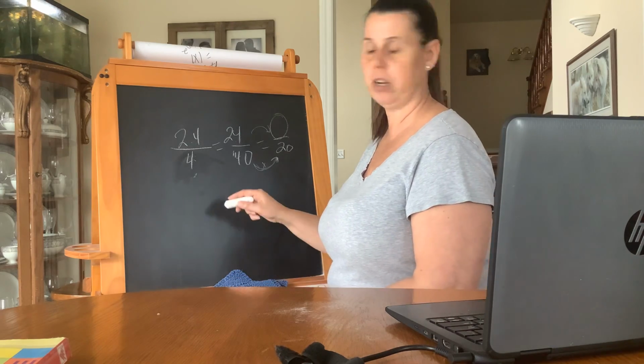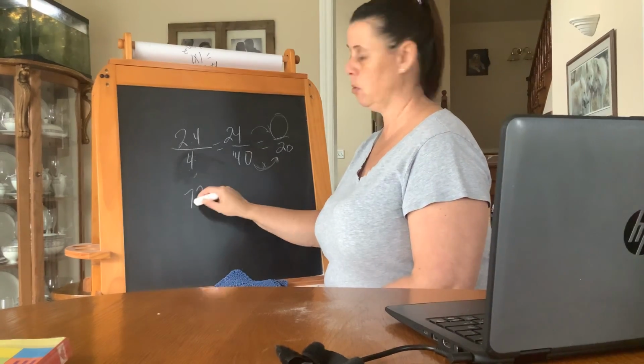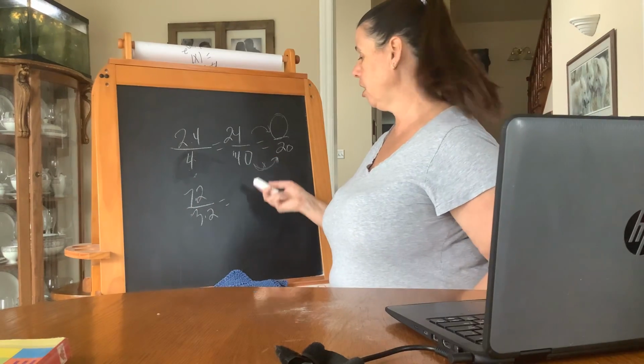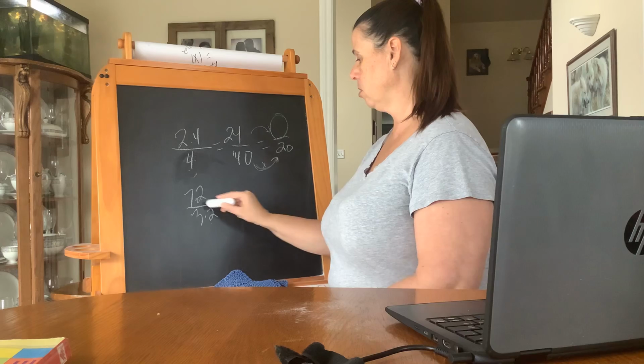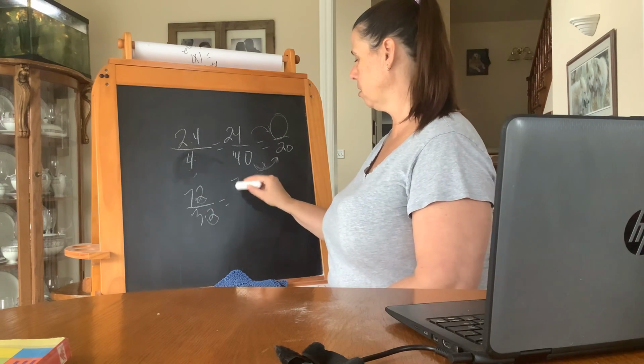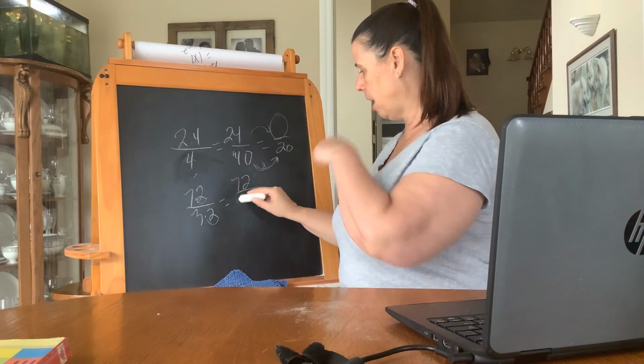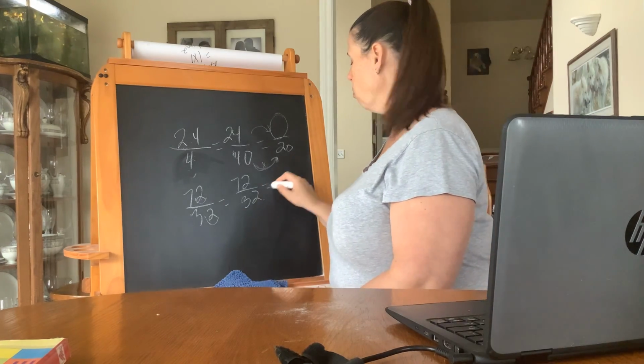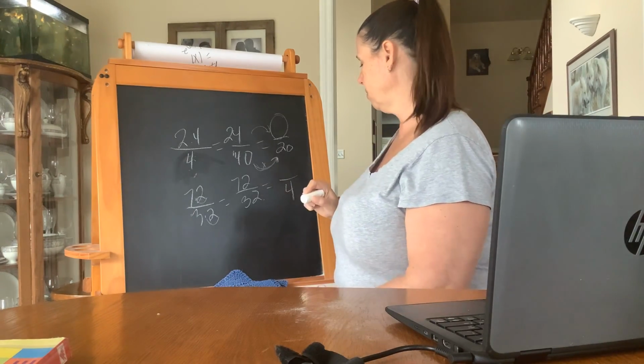Okay, and I'll pick one more to do with you. 7.2 over 3.2. Okay, we need to get rid of these decimals. So I'm going to times them both by 10. 72 over 32, and then it's what over 4, okay?